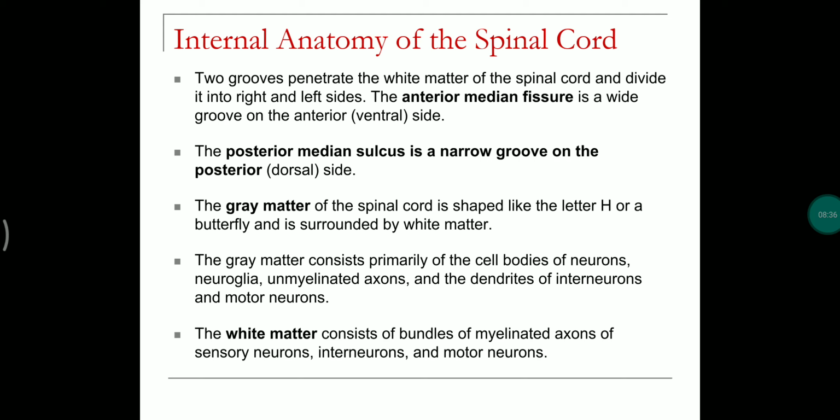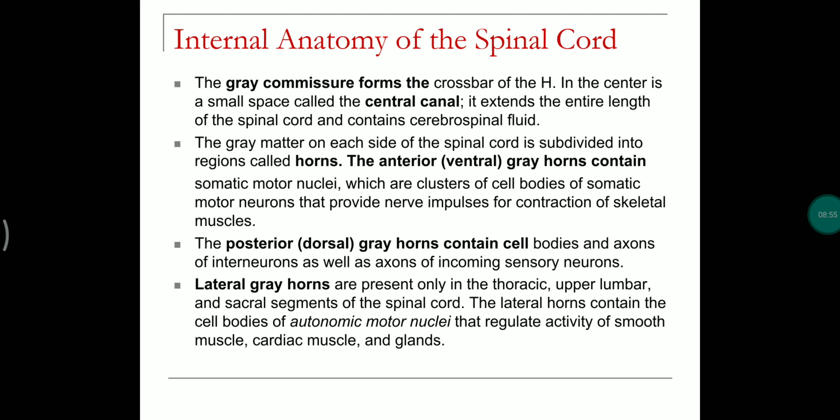Those two grooves are the anterior median fissure, which is a wide groove, whereas the posterior one is called the posterior median sulcus, which is a narrow groove. These two divide the entire spinal cord into left and right regions.